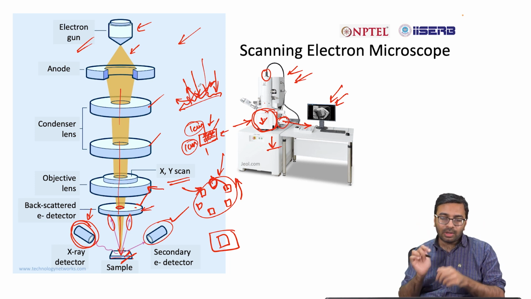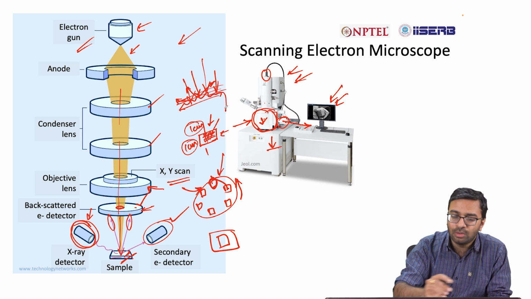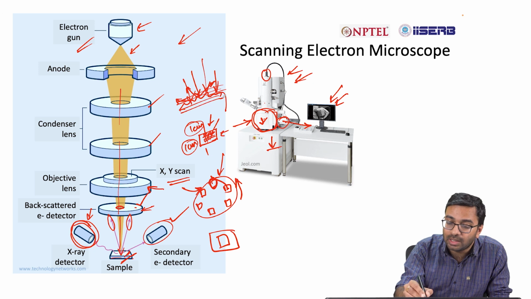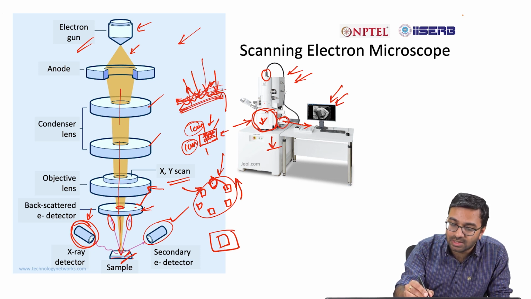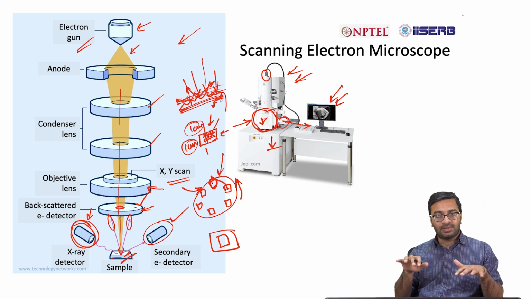So it's very important that whatever charge is accumulating on top of the surface is also going out of the surface. For that purpose, conductive carbon tape is used, and this conductive carbon tape ensures if there is a charge, it goes through the carbon tape and goes out of this sample surface.